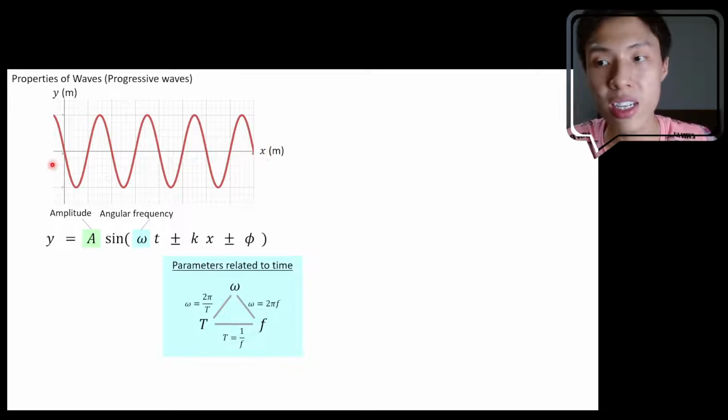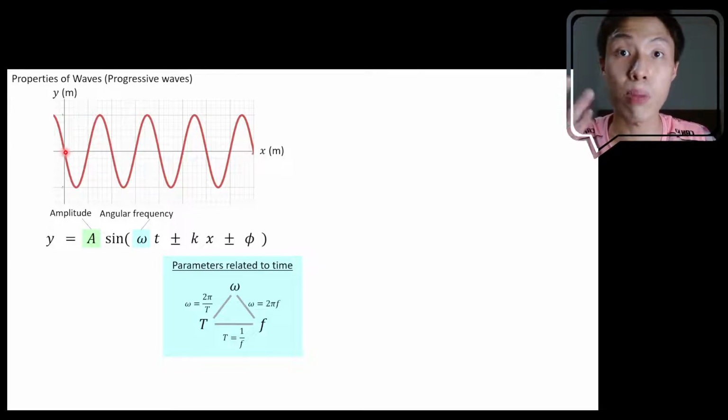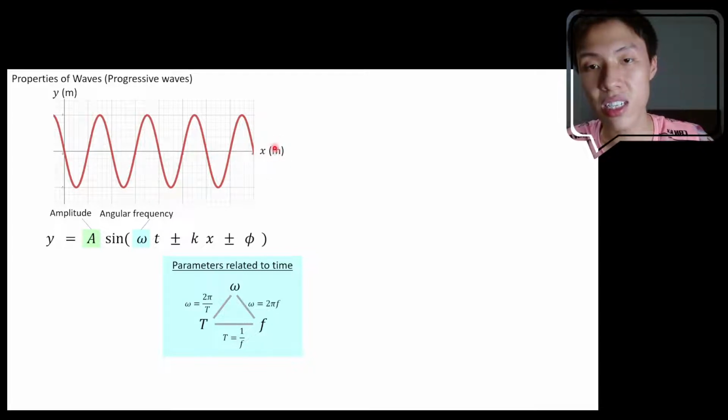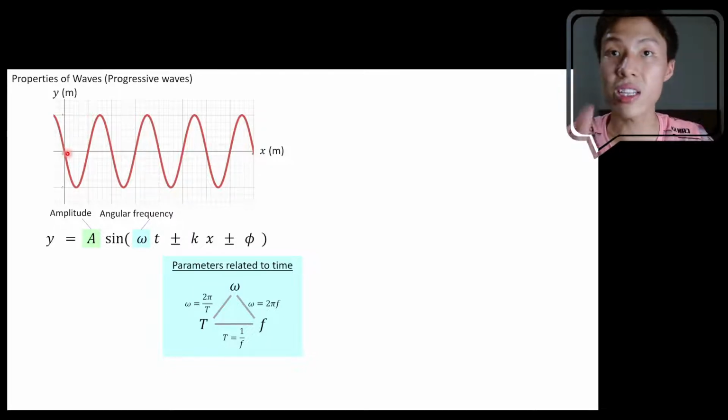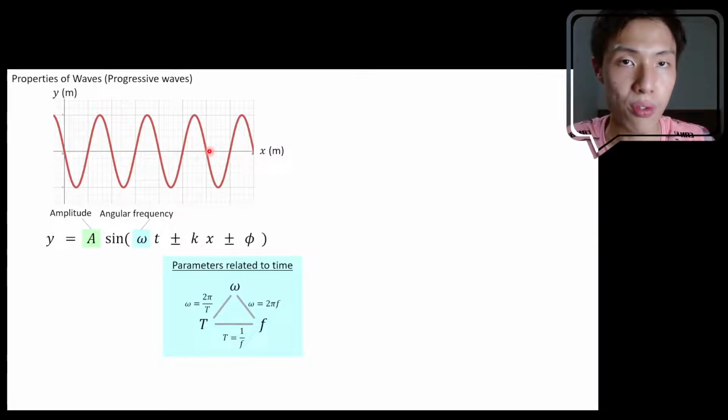If it were a time axis, then the time taken to complete one oscillation would be what you get by taking here minus here, and then you get the period. But this is x, so this is distance, in meters. So if you take a measurement from here minus here, you get a distance measurement, not a time measurement. So you can't obtain the period just by looking at this graph over here.